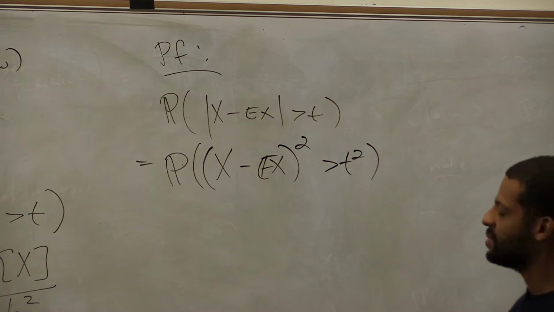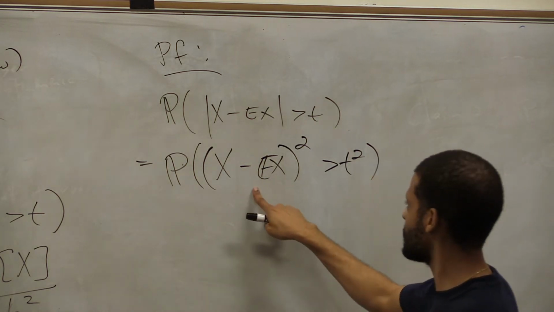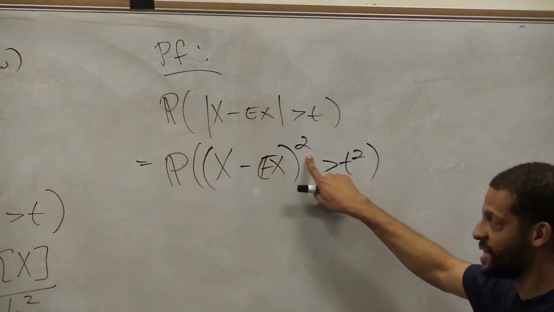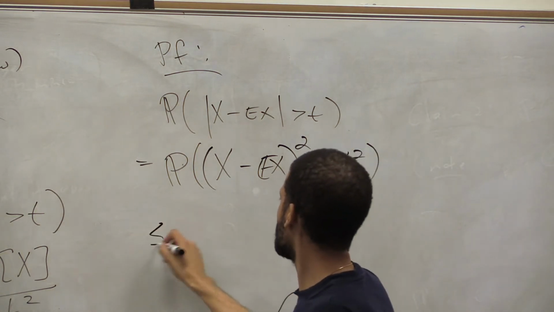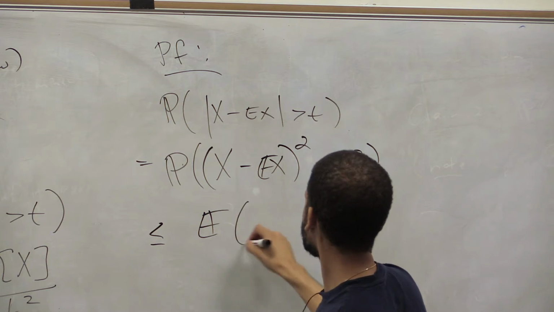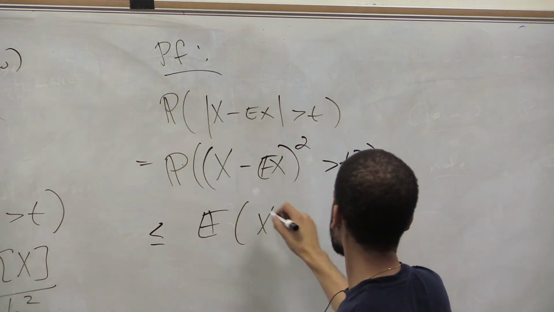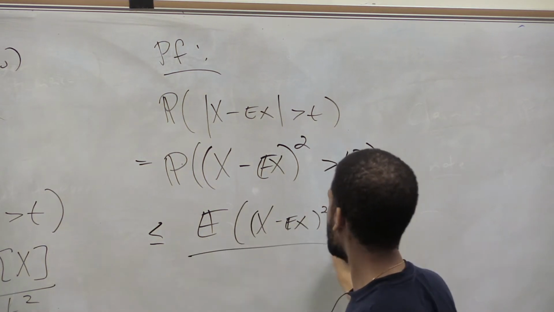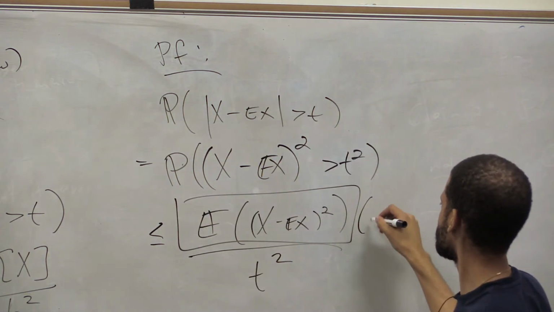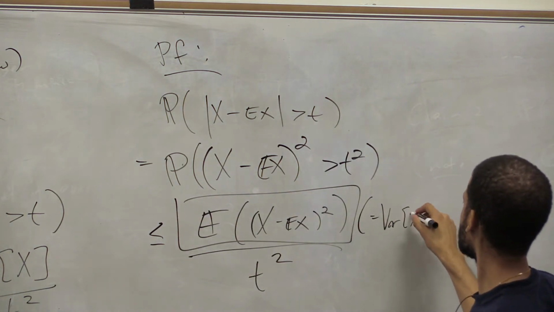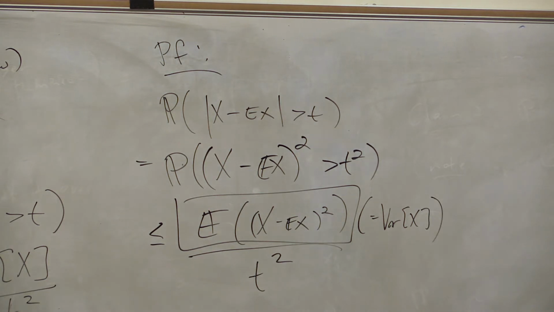And then now apply Markov. This is a non-negative random variable because it's something squared, so it's always non-negative. So by Markov, this is at most the expectation of (X minus the expectation of X) squared divided by t squared. But this is also known as the variance. Okay.